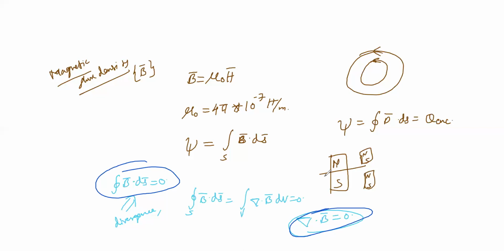If we see a little comparison between electrostatic fields and magnetostatic fields with respect to Maxwell's equations, both in integral form and differential form, the differential form is another name for point form.